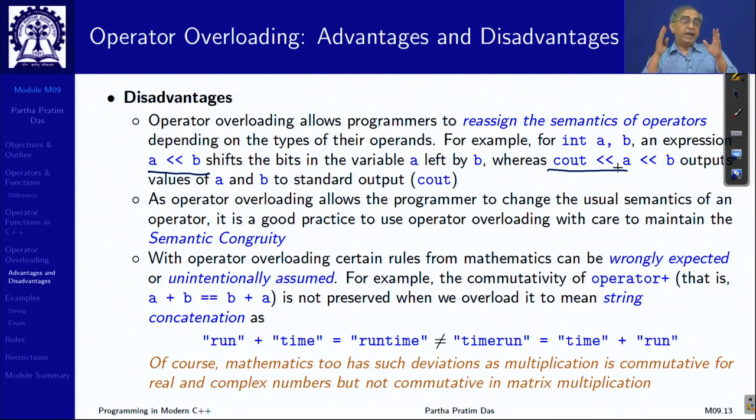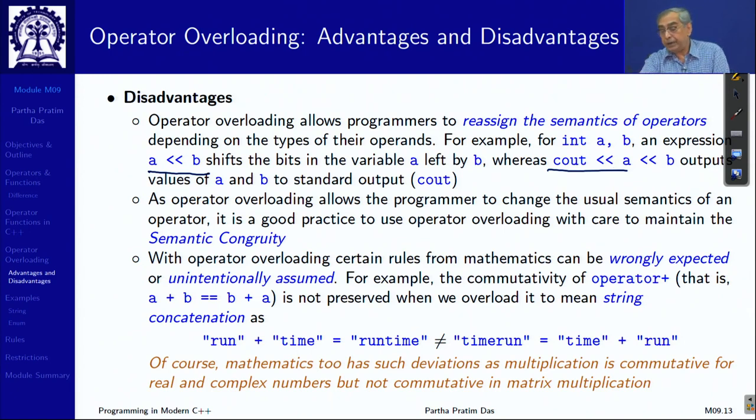So, the same operator overloaded in the context of two different types is semantically very divergent. This reassignment of semantics may be problematic. So, that should be minimized to the best extent possible to maintain the semantic congruity of the whole language, but that is your design choice.